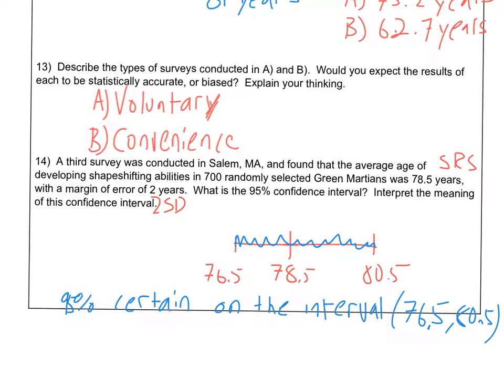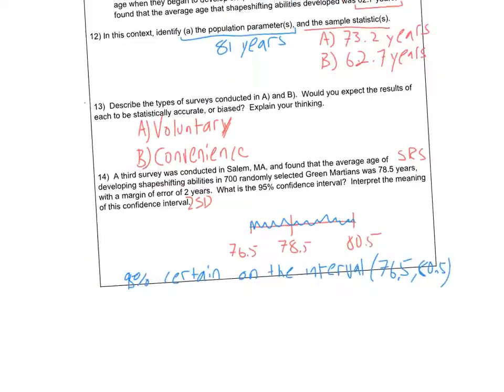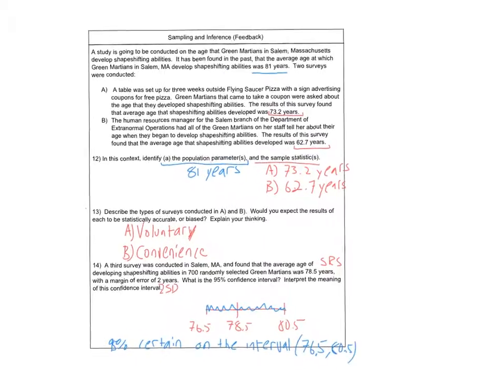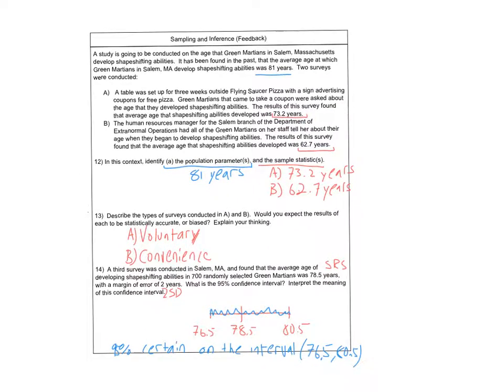That means that we're pretty certain that on this interval from 76.5 to 80.5, we should have the average age, and considering that what we accepted as a population parameter was 81 years, that seems to be like something is a little bit out of whack there.